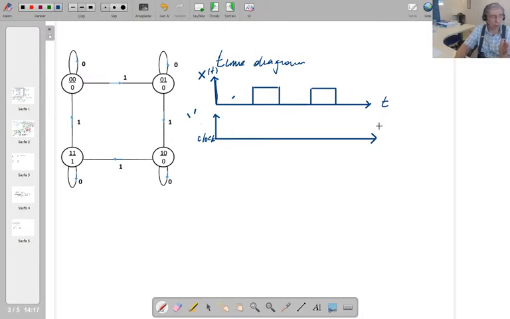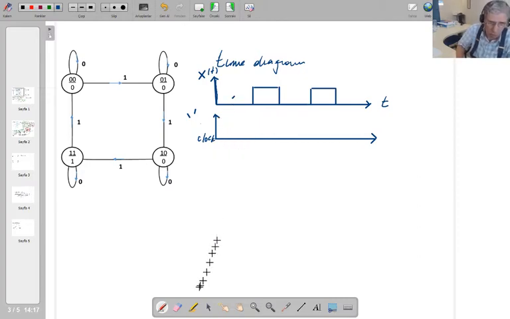Why do I need that? Because otherwise, if there is no clock pulse for an input, that means this input is not accepted by the circuit. As you know, the clock pulse means my memory elements work. If the clock pulse is 0, there is no clock pulse at all. That means this input is not accepted by the circuit. Therefore, I have got to put a clock pulse for each input.